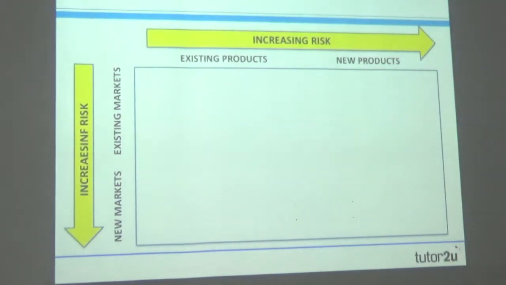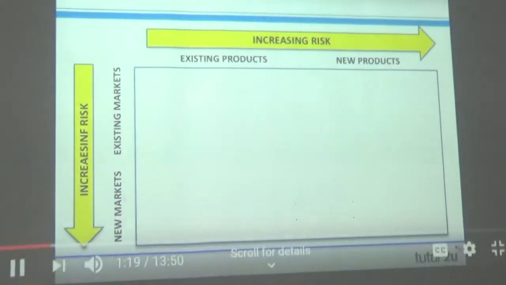So that as you move towards the bottom right-hand corner of the grid, in theory, the choices you make involve the greatest risk. And that's also true about your market entry strategies.